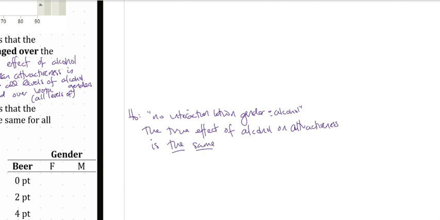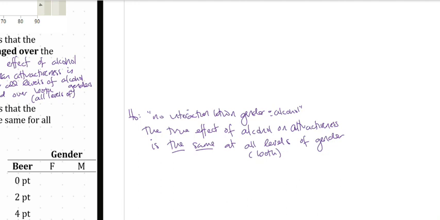The null hypothesis means equality, so the same, does not change, is the same at all levels, which is the same as both levels of gender for both genders. So that means when we look at the effect of alcohol, it's the same for males and females, which is how we thought about it before.